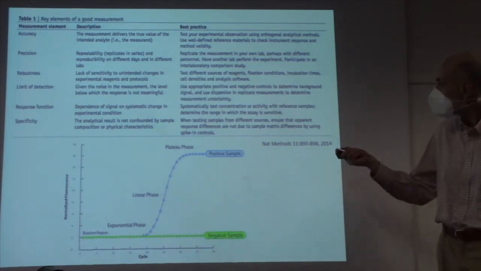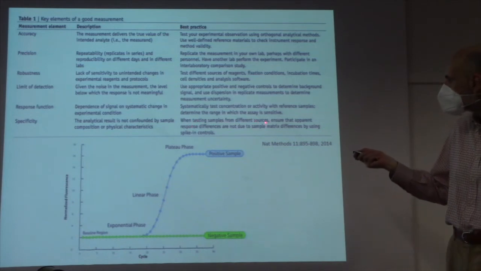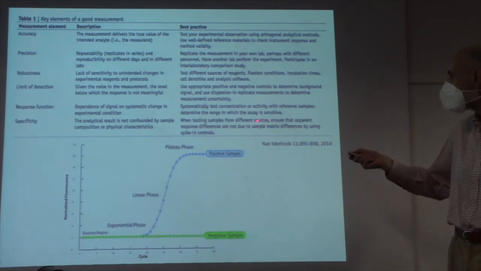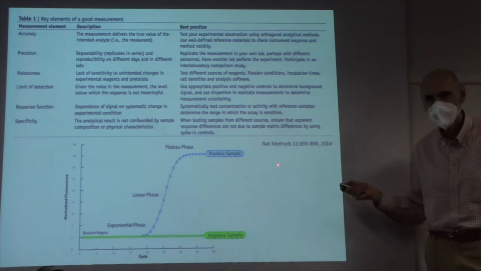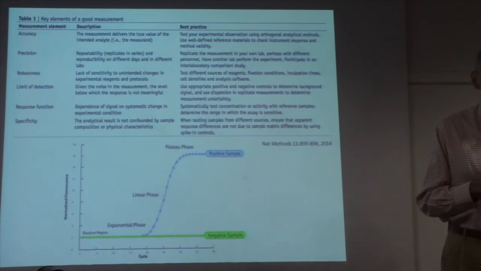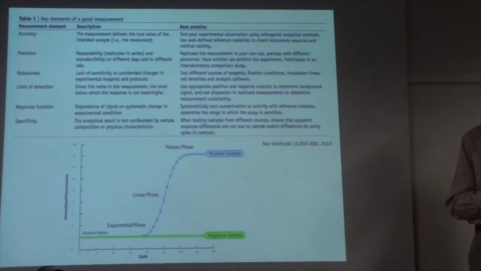And so, what's the advice about the best practice? When testing samples from different sources, ensure that apparent response differences are not due to sample matrix differences by using spiking controls. What are spiking controls? Spike is jargon. It originally means adding alcohol to a beverage.